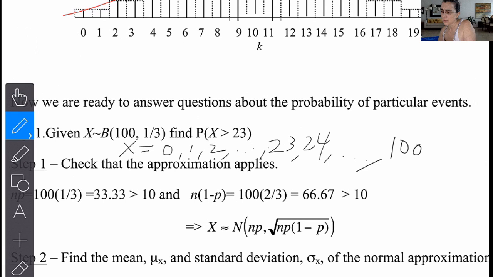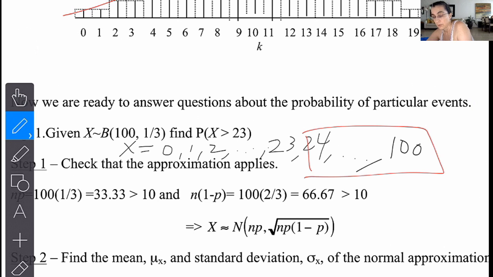In this case, we would have to calculate, to answer this question, all the probabilities, x equals 24, x equals 25, x equals 26, up all the way to x equals 100 and add them together. We could do this with Excel, we could do it with a binomial distribution table, but we could also do it this way.